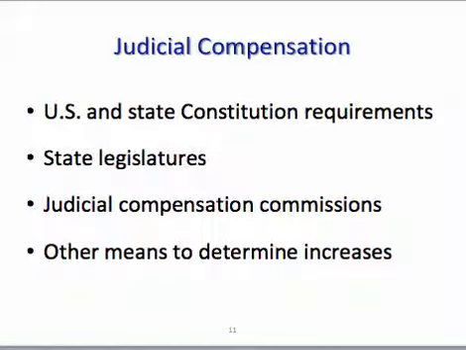Compensation varies widely too. There's a nice little table in your book that shows this. It kind of makes sense if you think about it: you have Maine, for example, which is a relatively small state, at the bottom, Maine and New Mexico, and at the top, California and Washington D.C.